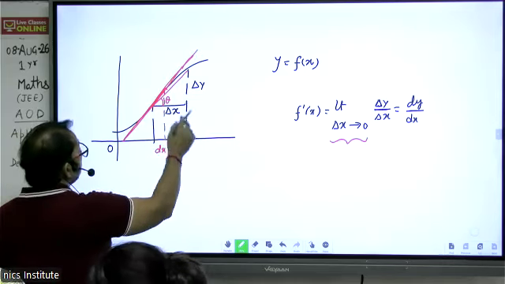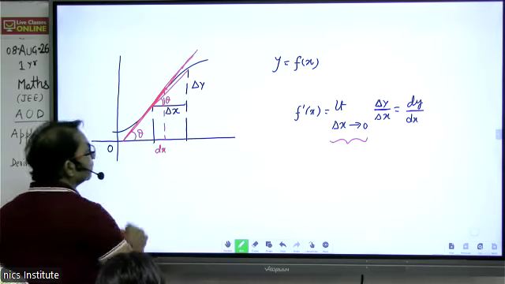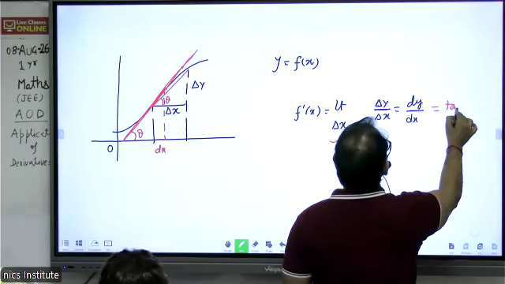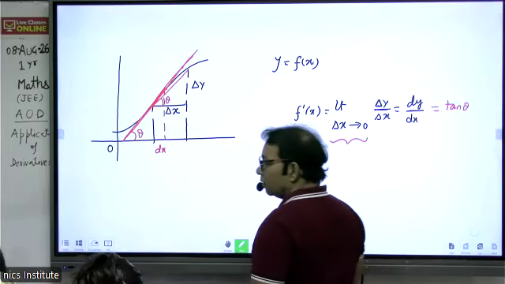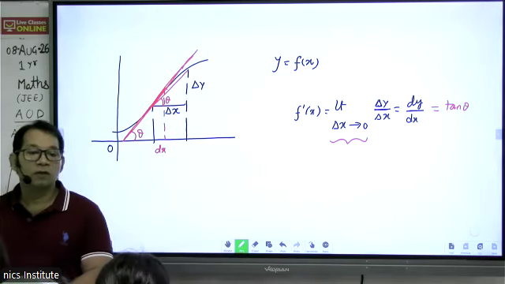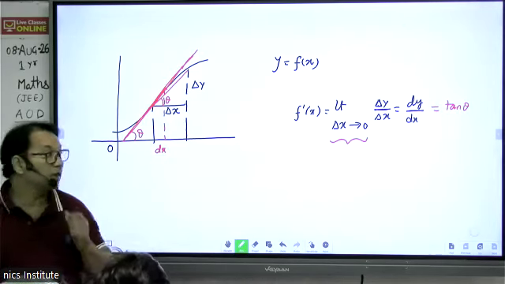So when you find dy by dx, basically it gives you the slope of the tangent. So the physical significance of dy by dx is that it gives you the slope of the tangent.